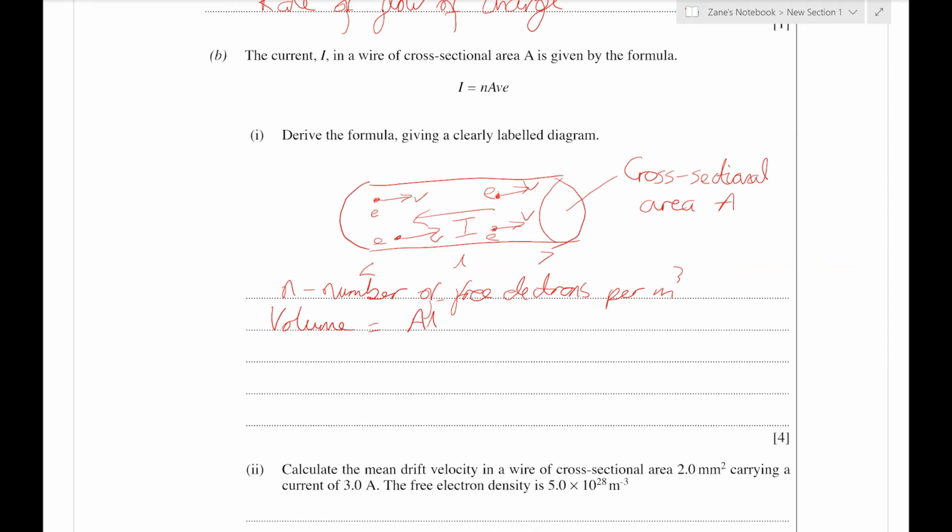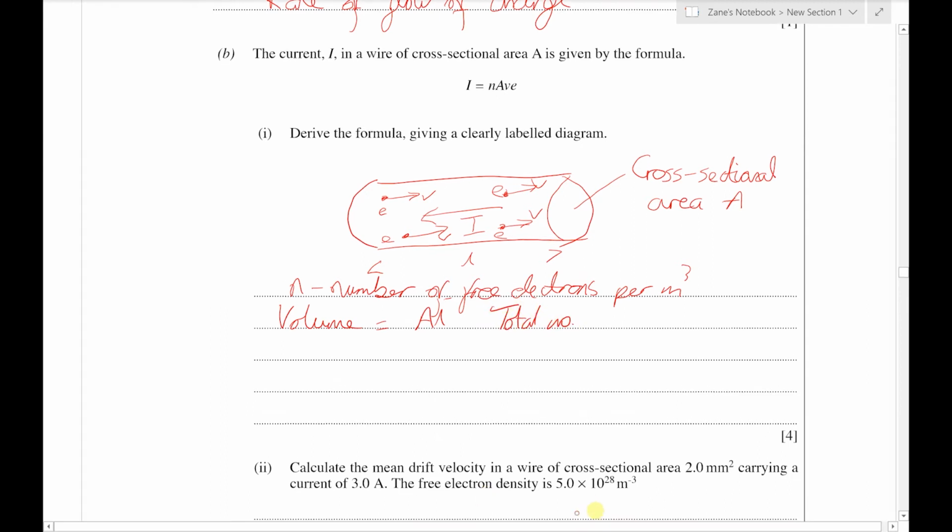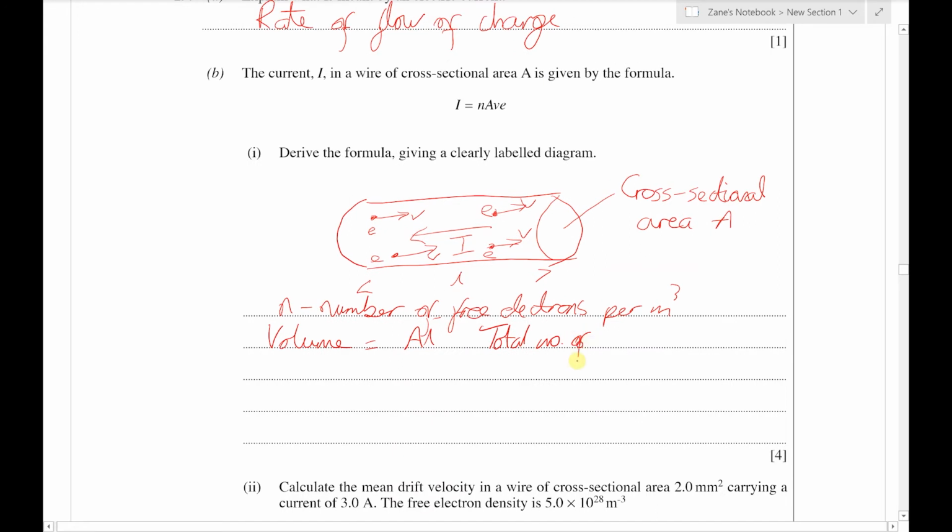So do, on this type of question, explain what you're working out. So here I'm going to write down the total number of free electrons. It's going to be A times L times n. Now each one of those electrons has a charge of little e, 1.6 times 10 to minus 19 coulombs.